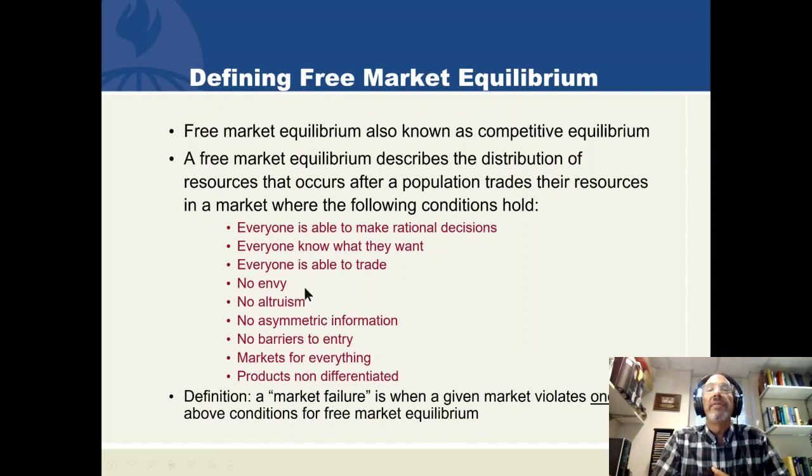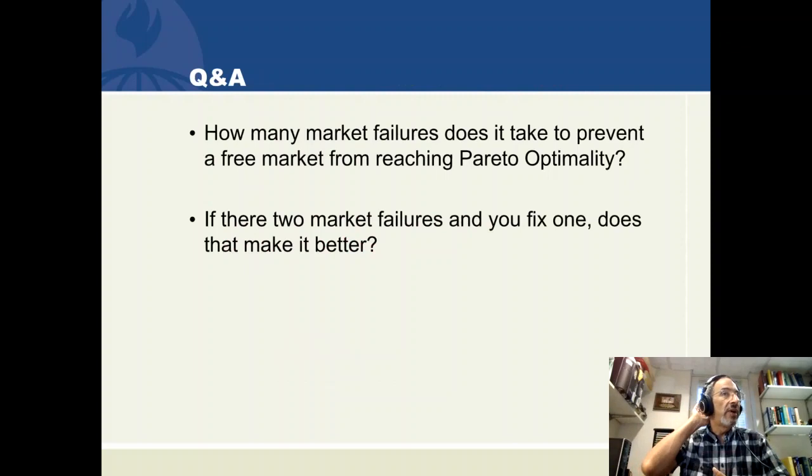But at the same time, there are things we can do to make it better. We can try to improve information flows. We can try to take down the barriers to entry. We can try to get more people the right to trade if they've been prevented from trading. So we could try to address some of the problems and educate the members who don't know how to make rational decisions. But that leads us to the second question here.